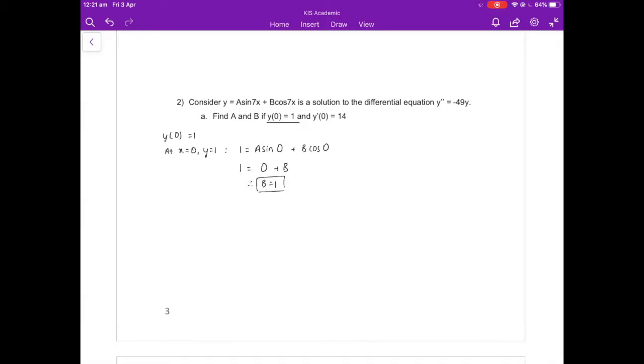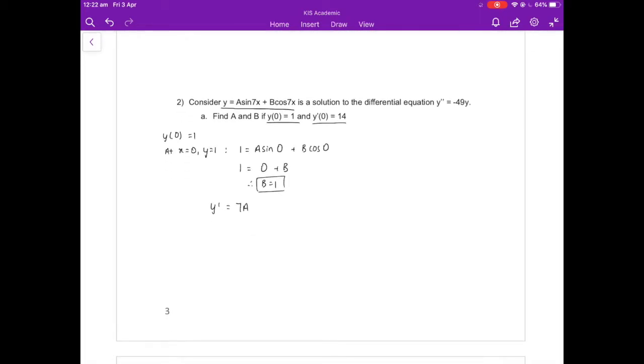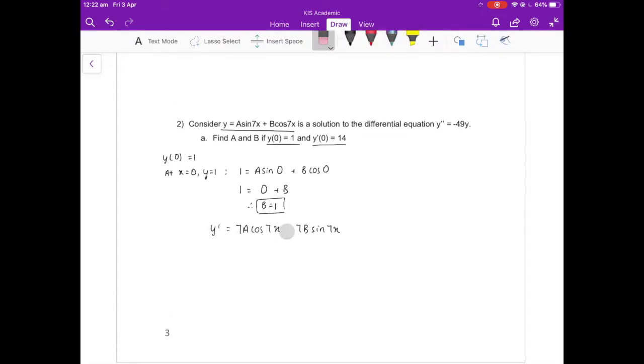Now, we are also given y'(0) equals 14. So we need to differentiate the formula. So y' equals, from this one here, I'm going to differentiate that: 7a cos, sorry, not sin, it should be cos 7x plus 7b sin 7x times negative 1. So this here should be a minus.